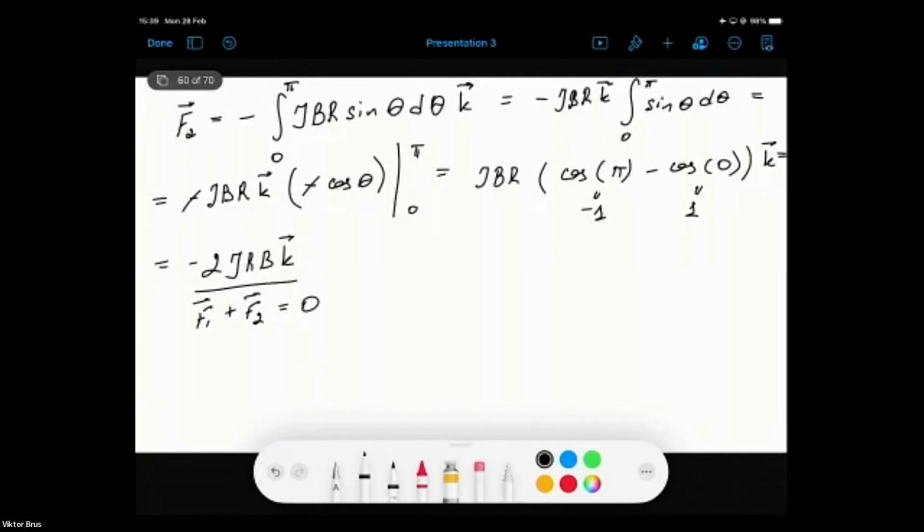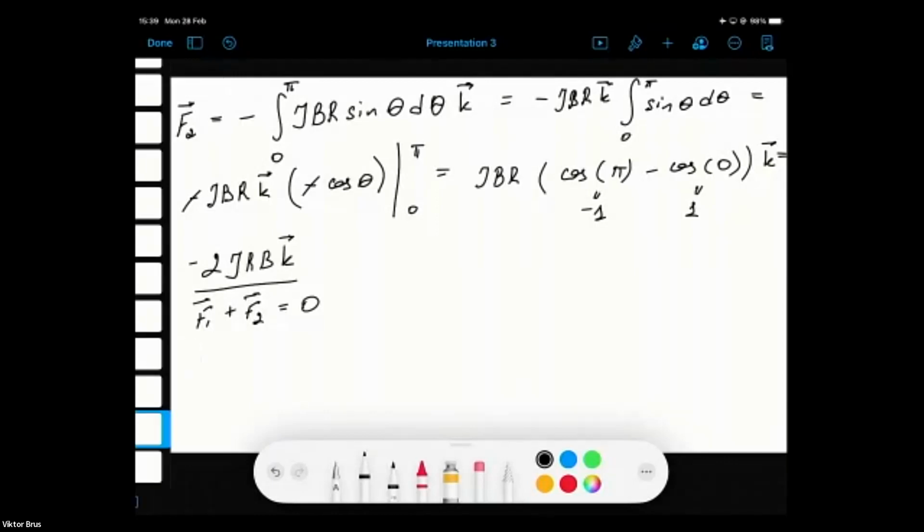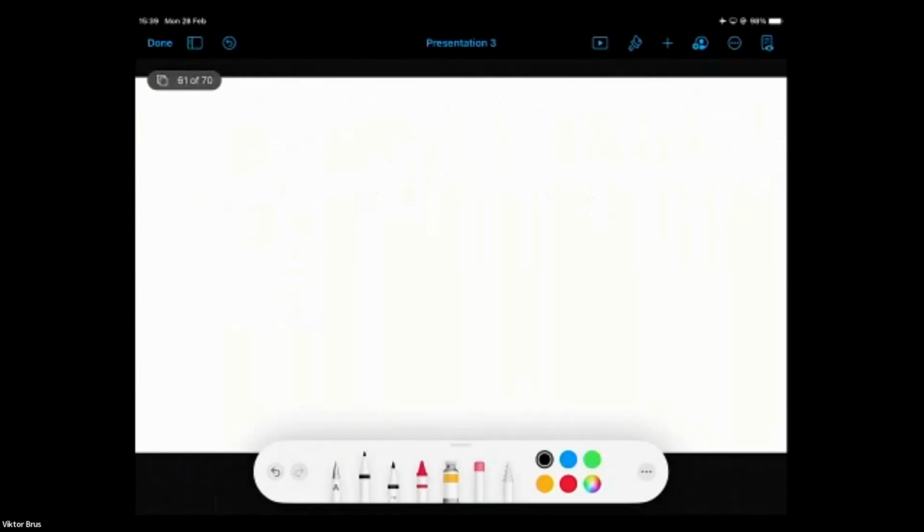So this is a general rule that the net force acting on any closed current loop in a uniform magnetic field is equal to 0. So the net force is equal to 0, however, the torque is not equal to 0.